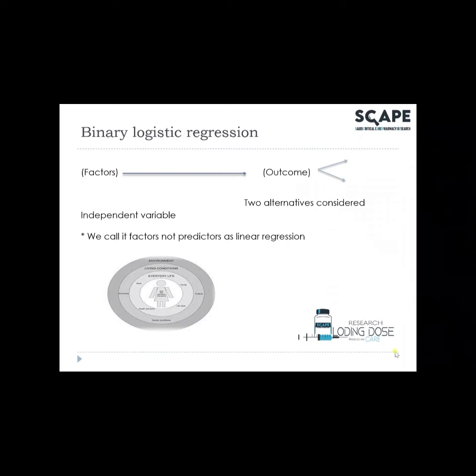And if I have multiple factors, that will be multiple binary logistic regression. And here we call them factors, not predictors as in linear regression. So my independent variables we call factors, not predictors.